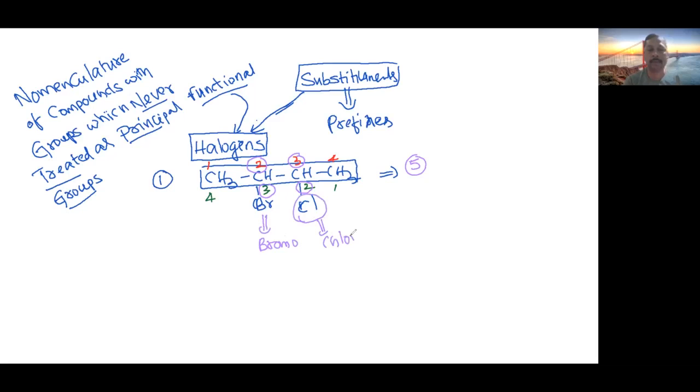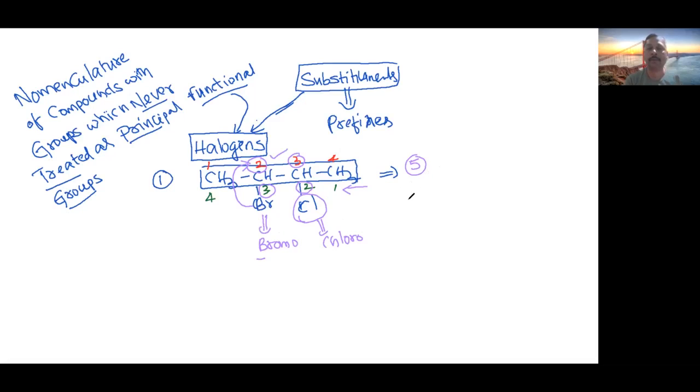Therefore, bromo comes first, so it should be given the minimum number. If I number from right to left, it will be 3, but if I number from left to right, it will be 2. So this numbering is correct when the lowest sum rule is followed.